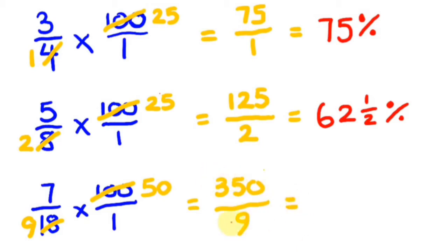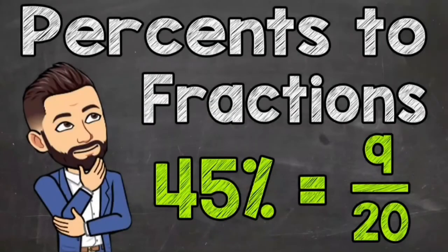When we divide 350 by 9, we start by getting a 3, that is 35 divided by 9, 3. Remainder what? Yes, remainder 8. So that 8 is going to be over 9%.